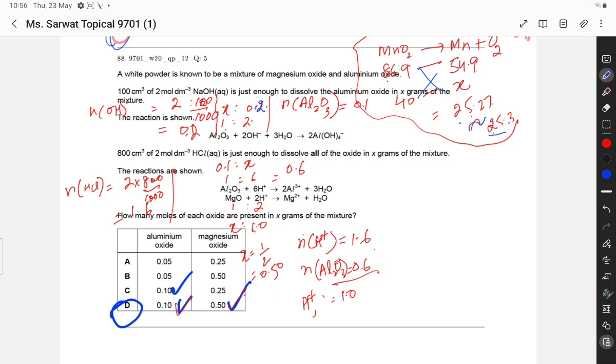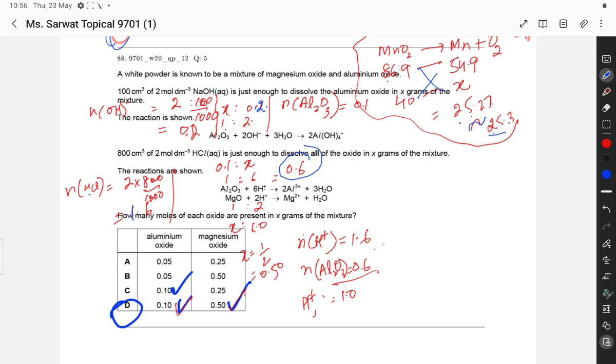Now 800 cm³ gives 1.6 moles of HCl used over here. By using the mole ratio 0.1 to X and 1 to 6, this is the mole of H+ used to calculate. So this is equal to 0.6 mole.